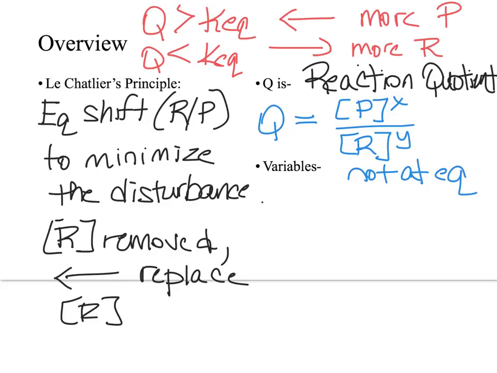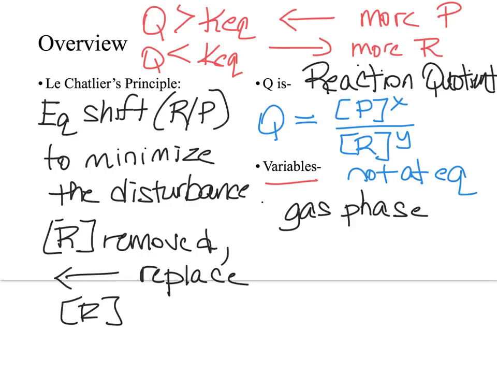Since we're talking about reactions largely in the gas phase, remember we can have gas atmospheres or concentration, as well as aqueous solution concentration. Solids and liquids are not included in K or Q.